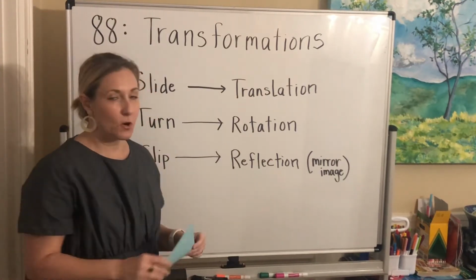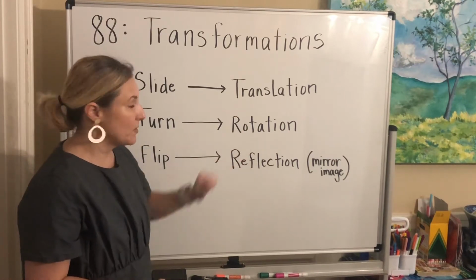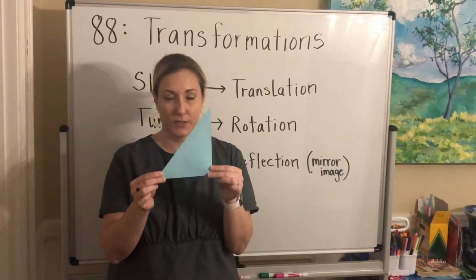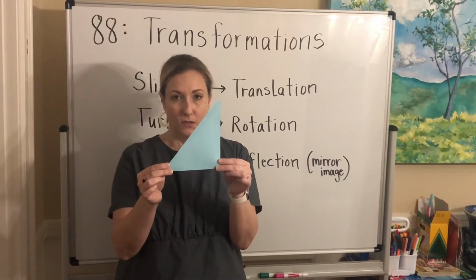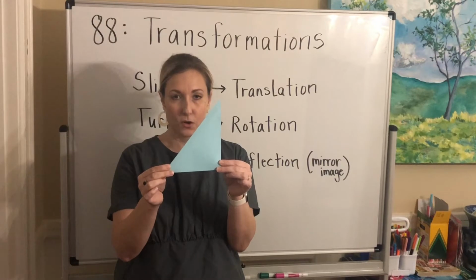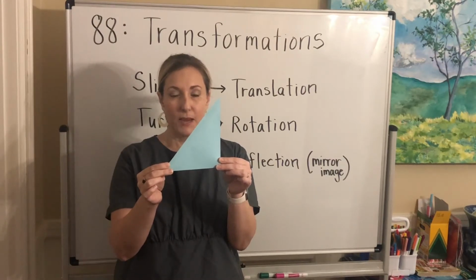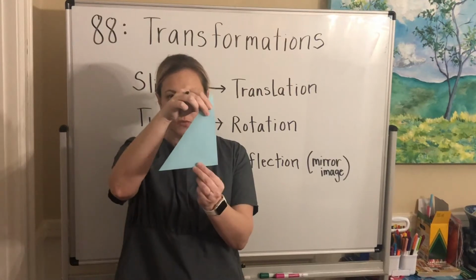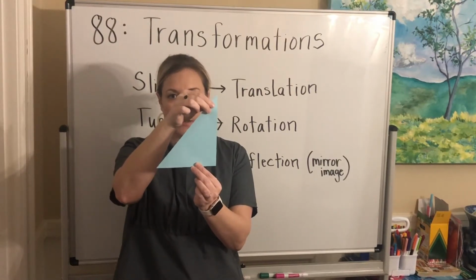Now let's remember our degrees of rotation. If I want to rotate this triangle a 1/4 turn of a circle, that means I'm going to turn it 90 degrees. So let's rotate this 90 degrees.